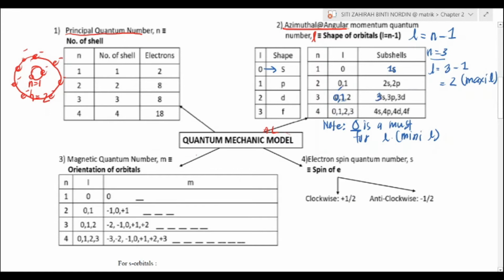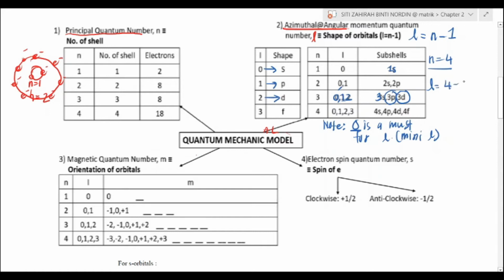So you've got 3,0 which is 3s, 3,1 which is 3p, and 3,2 which is 3d. For F, that is when n equal to 4, so you need to find your maximum L first.